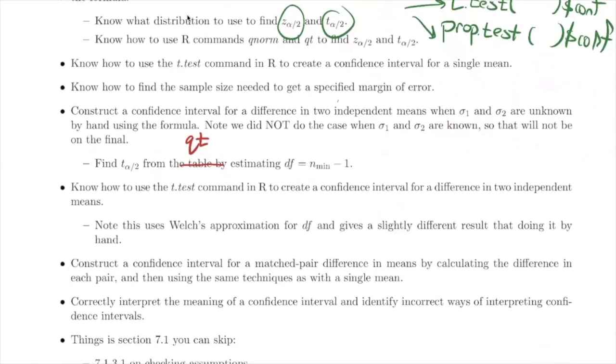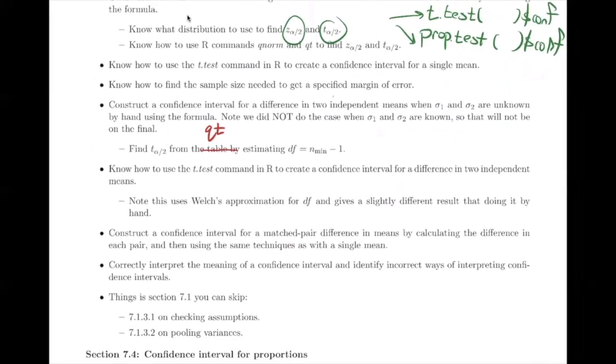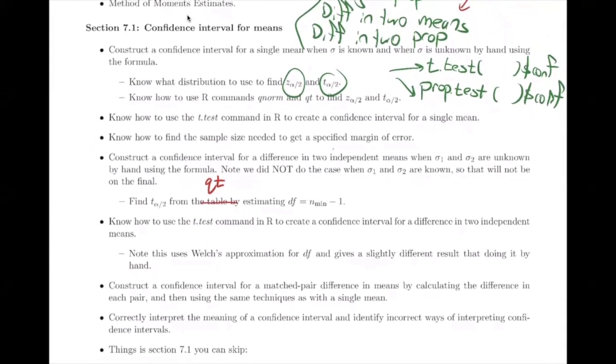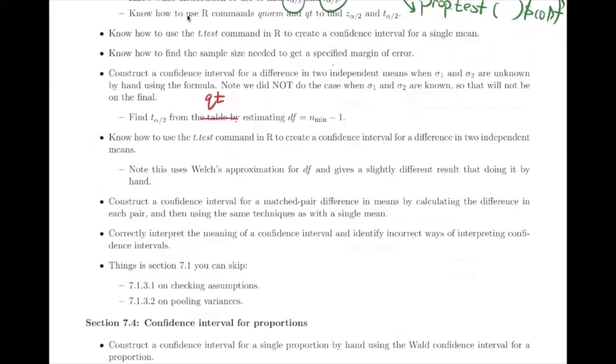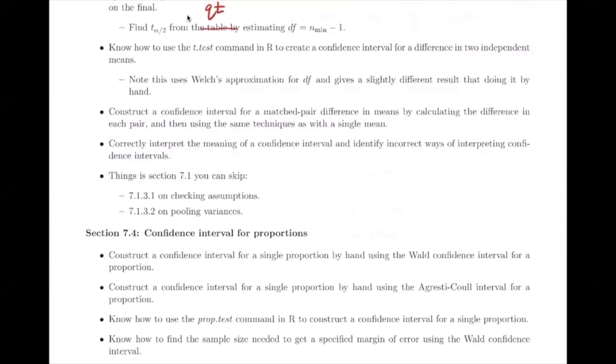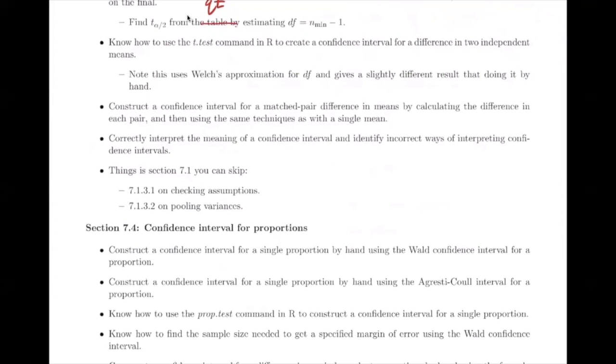Okay, so that was the gist of it, 7.1 focused on means, 7.4 focused on proportions. I summarized all of that up top together. And there are some things in 7.1 that we didn't get to, so you can disregard those things. We didn't talk about that at all.